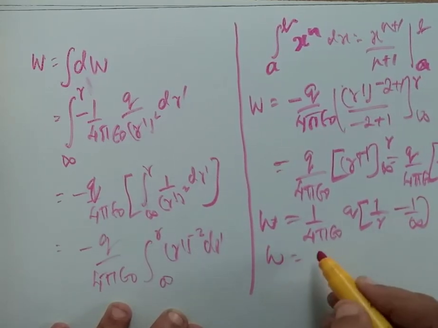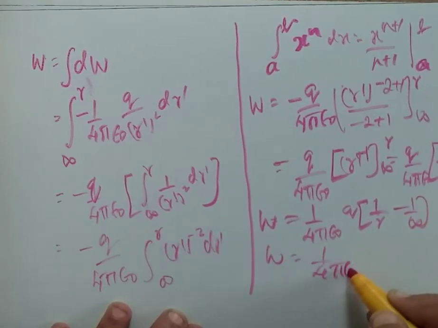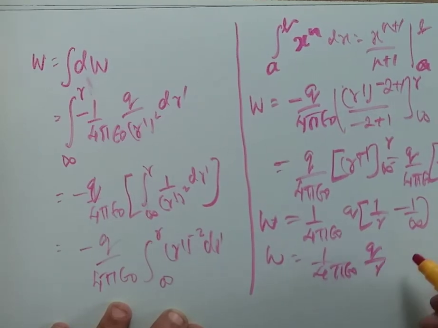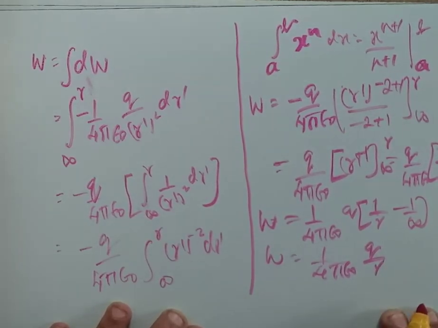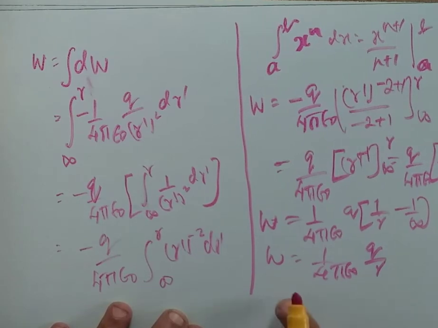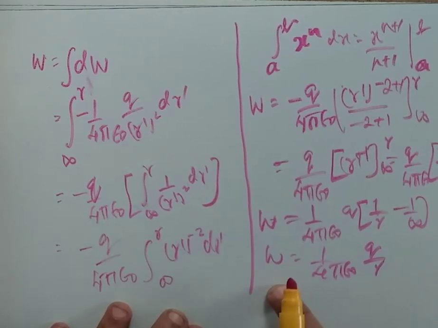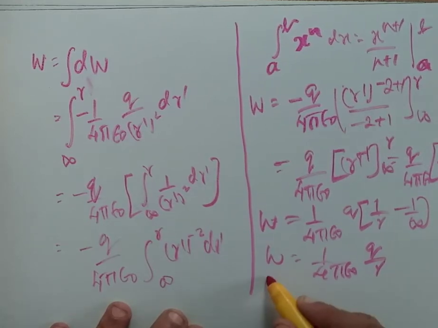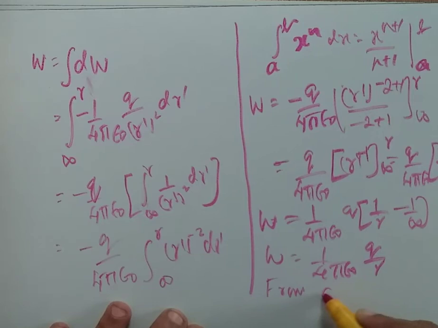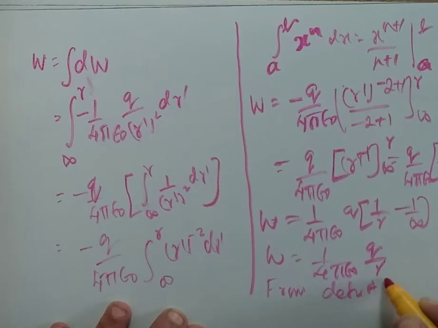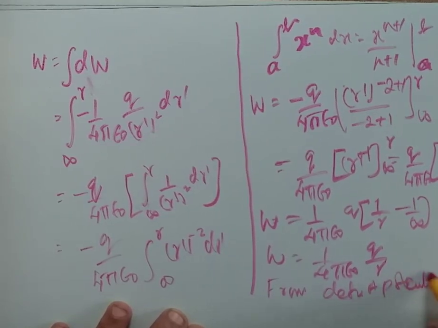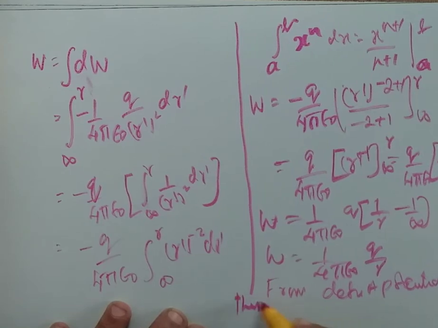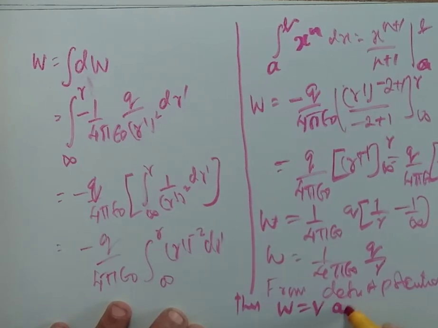Therefore, finally W equals 1 by 4 pi epsilon naught q by r, as 1 by infinity is 0. But observe, according to our idea, this work done is work done on unit positive charge in bringing it from infinity to the given point. So from the definition of potential, this W equals V at P.